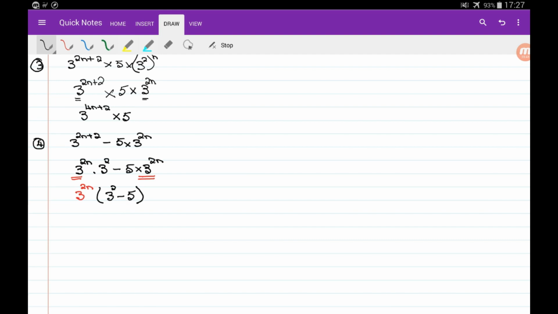My target is get rid of the exponential notation. So I have 3 to the power of 2n multiplied by 9 minus 5. And of course, 9 minus 5 simplifies to 4. Again, two very different sums with very different solutions.